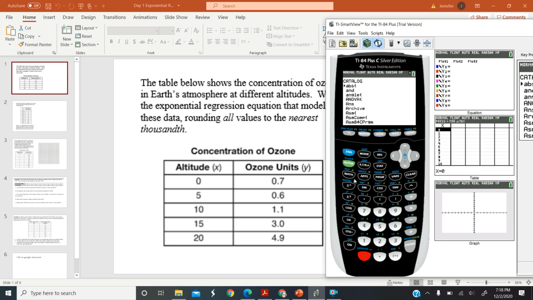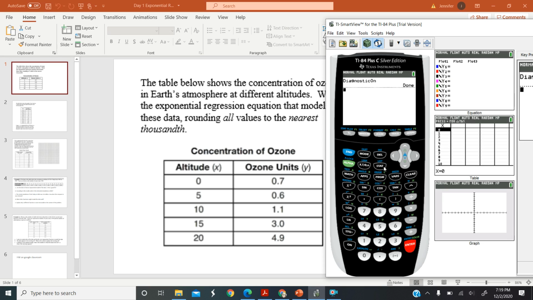So I'm going to come here to the inverse button so that I can press that, and it'll go to the D's. And then I'm going to scroll down until I get to diagnostic on. And I'm trying to go kind of slow because this lags a lot. There it is. So I'm going to press enter on diagnostic on, and then press enter again so that it says done. And it will not turn it on unless it says done. That's the way that you know that you got it.